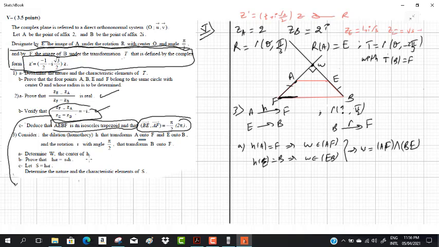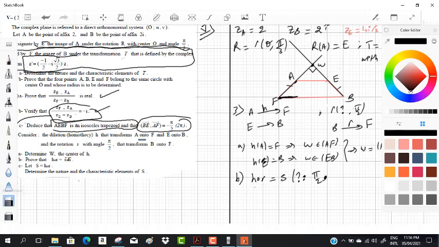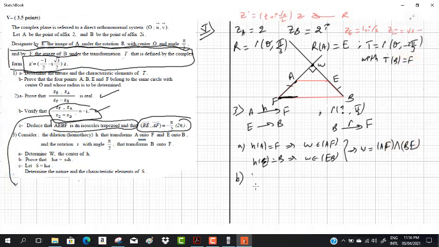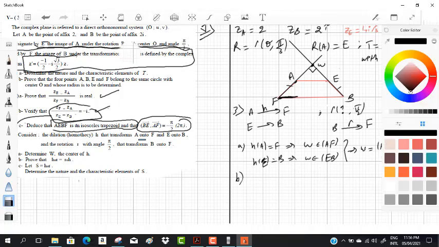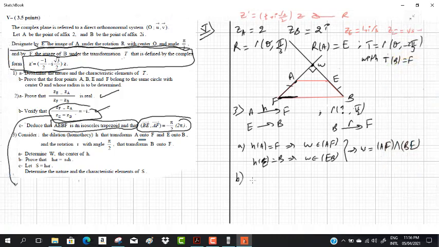Part B: prove that H round R equal R round H. H round R is a similitude of center unknown till now. The angle is the angle of R, which is pi over 2, and the ratio is the ratio of H, so I need to get the ratio first.